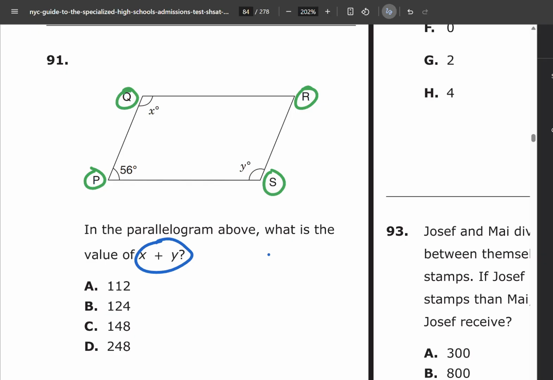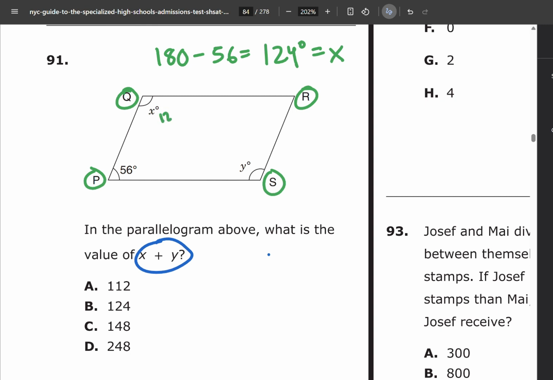So we know that angle Q has to be x degrees, and so this has to be 180 minus 56, which is 124 degrees. And that is the value of x. So x is equal to 124 degrees. Something else you should know is that angles that are opposite from each other in a parallelogram have the same measure.